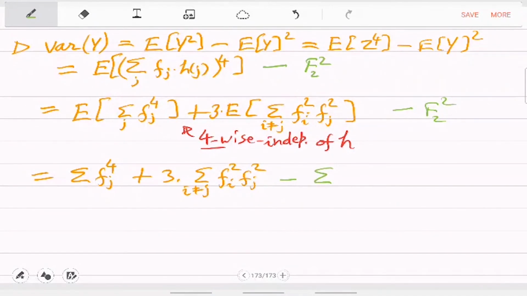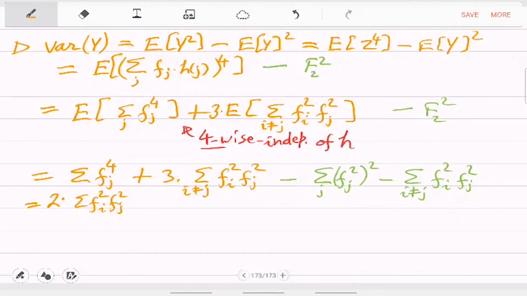So sigma fj square and fi square fj square. That is what f2 square is. So what you are left with is just 2 times sigma fi square fj square. Okay, so that is the variance.